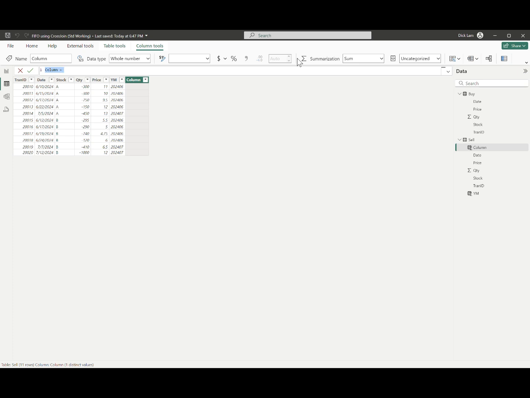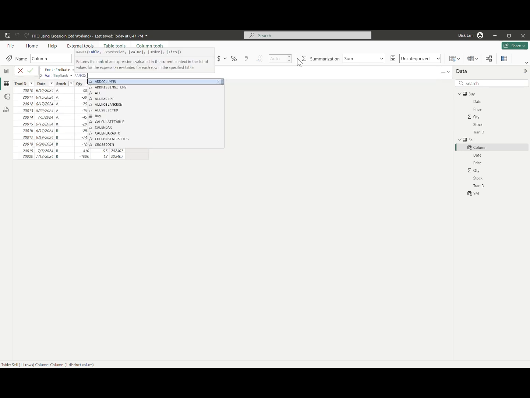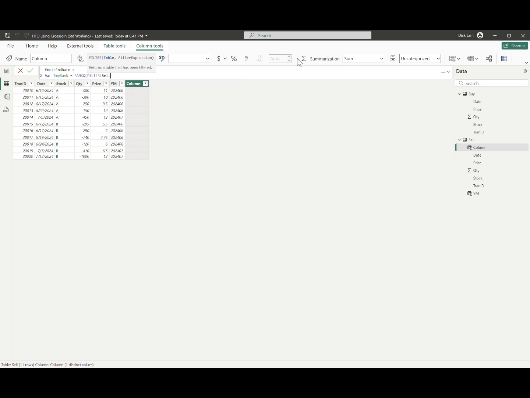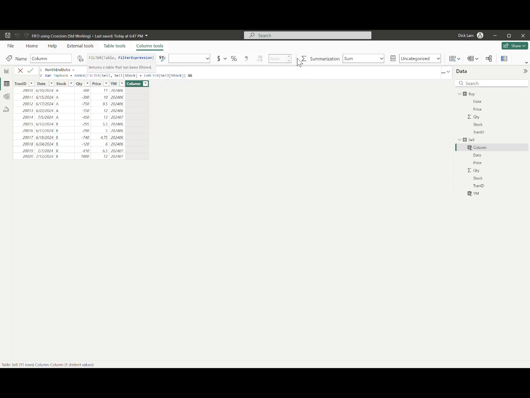Okay, then I am going to create a column that identifies the last transaction ID for the particular stock and for the particular year month. All right. I use month and date. And I use the function RANKX, which is subject to the filter. Now, of course, the data table itself. The filter is the stock equal to the particular stock and the year month equal to a particular year month. All right.